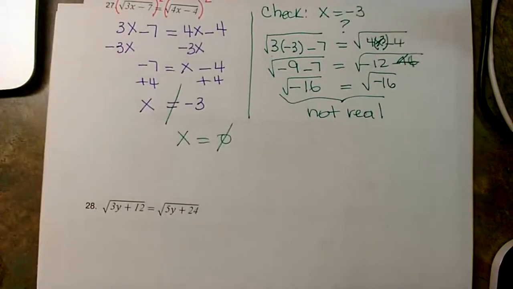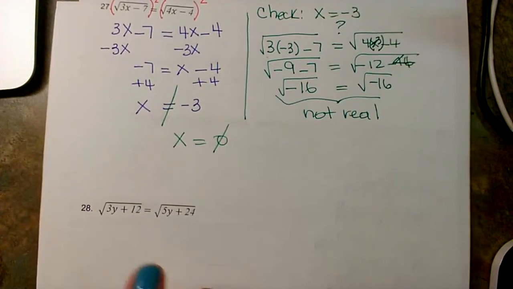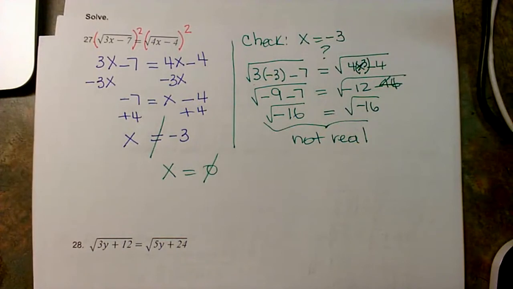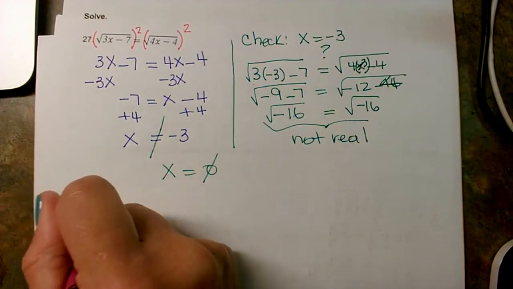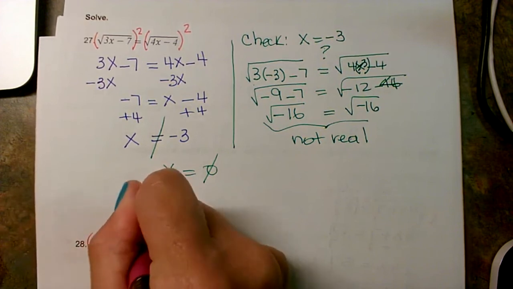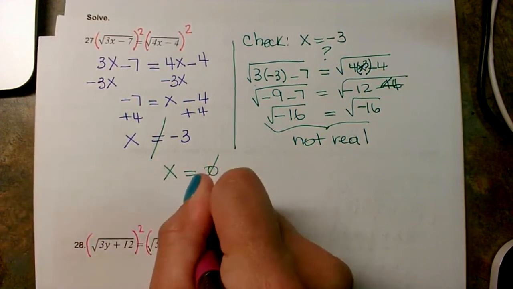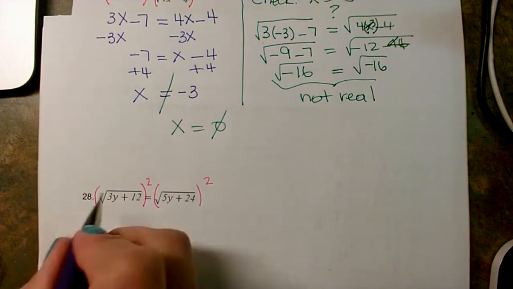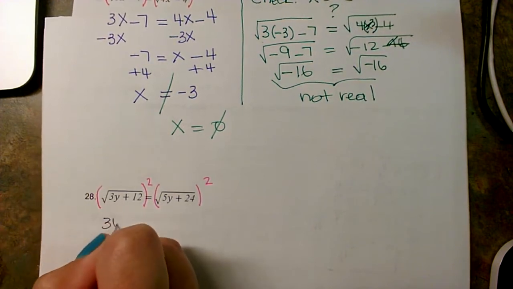This one. What do I do? I square both sides. So let's do that. Why square? Because I have a square root. So when I do that, I get rid of the square root.